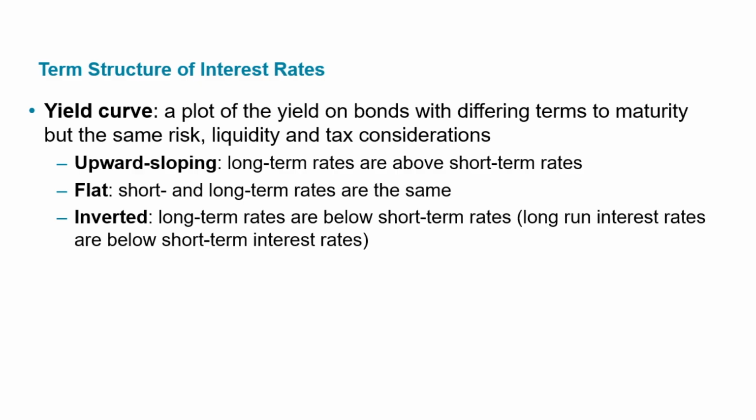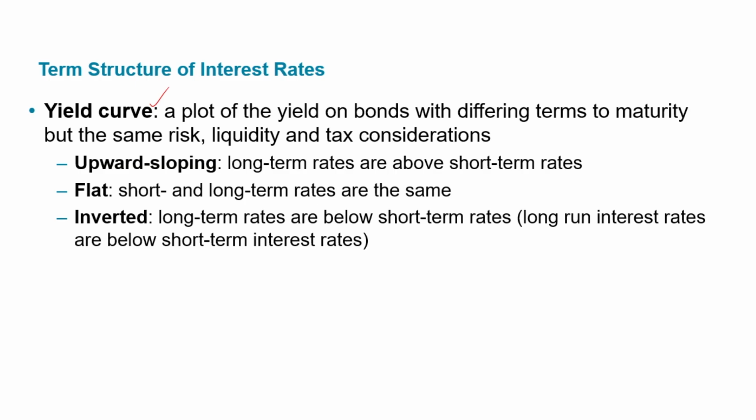To understand this, let us introduce a concept called the yield curve, which has been widely used in economic and financial discussion. This is a plot of the yield on bonds, that is the rate of interest, with differing terms to maturity but the same risk, liquidity and tax considerations.